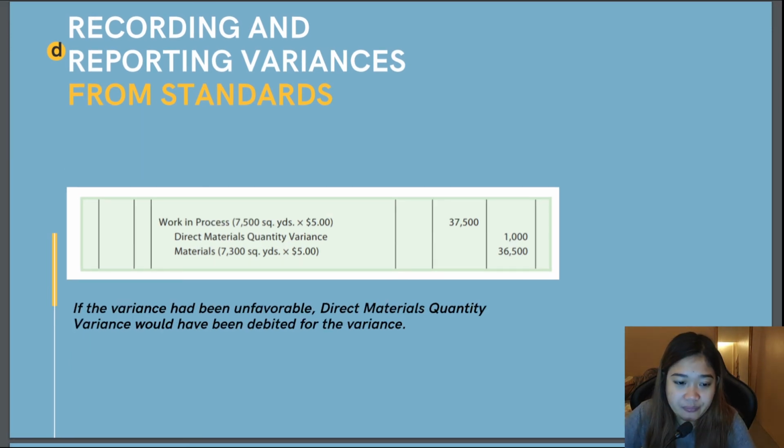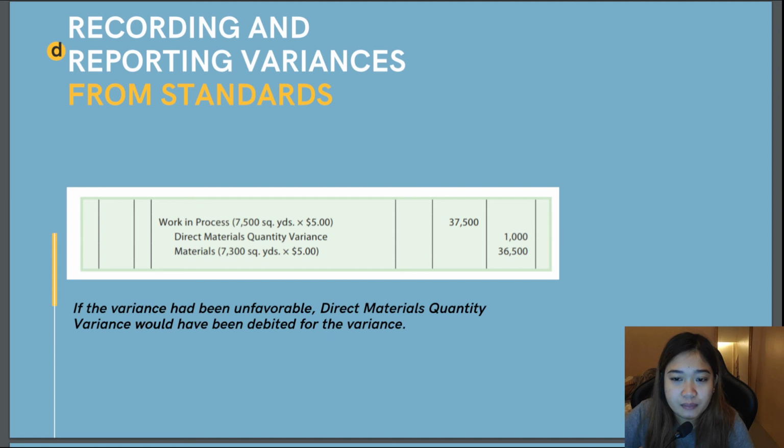So we have work in process. We have here another entry where work in process is debited for 37,500, which is the standard cost of the direct materials required to produce the 5,000 XL jeans. Materials is credited for 36,500, which is the actual quantity of materials used at the standard price.